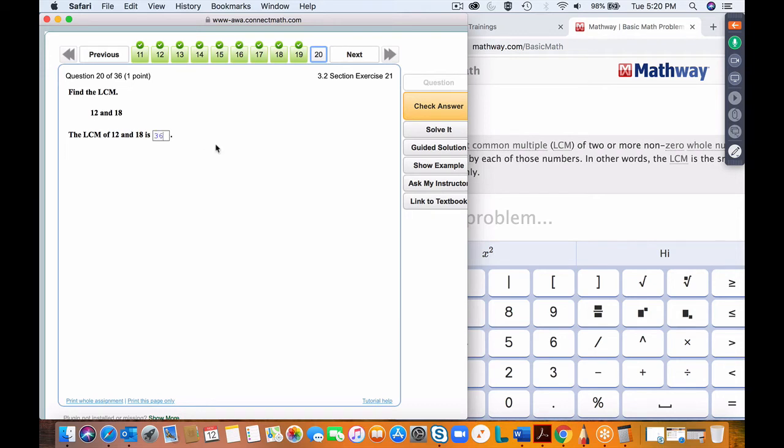What you do by hand is just list all the multiples of 12 and the multiples of 18, and when you find the first number that matches between the two, then you stop, and the first number is 36.